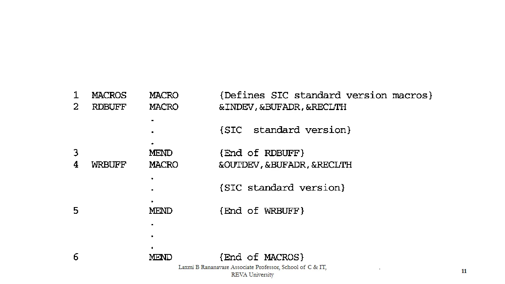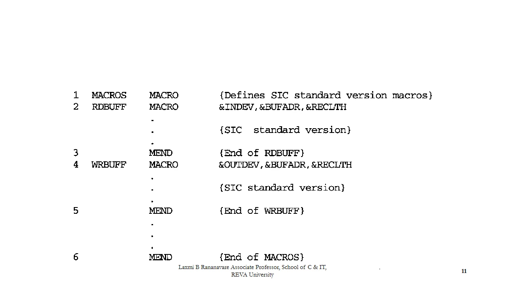Macro S is the name of the macro, and it consists of two more macros embedded in it. One is read buffer, another one is write buffer. Read buffer starts with macro and ends with MEND, and then write buffer starts with macro and ends with MEND. The set of instructions present in those macros is represented with three dots. It may have any set of instructions in this macro definition.